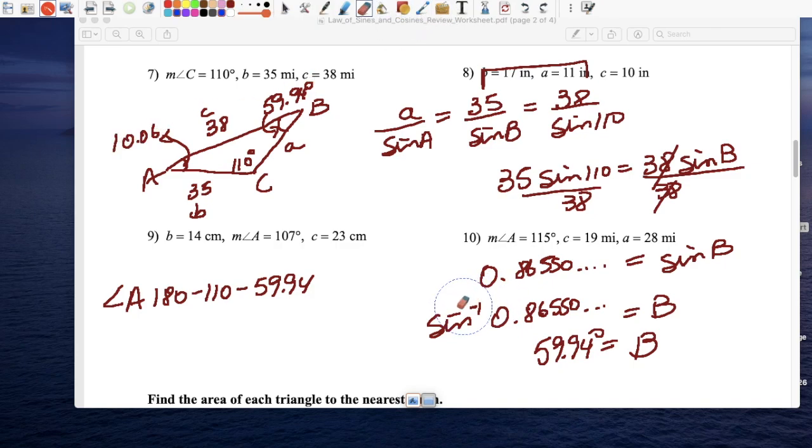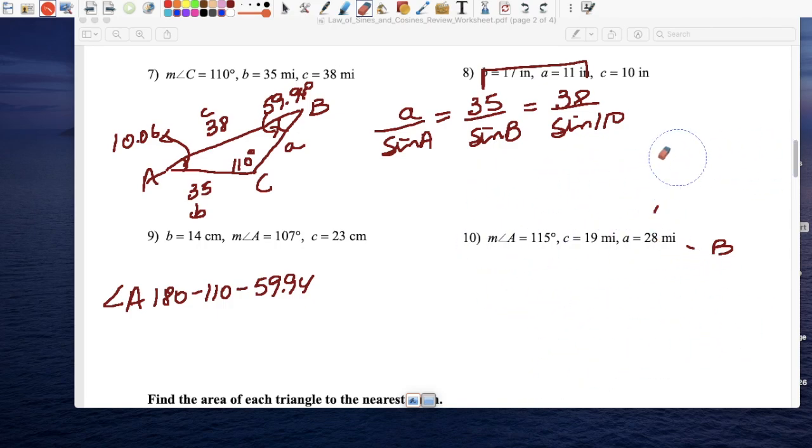Now I go back to my proportion here, and for angle A, I'm not going to write sine of angle A anymore. I'm going to write sine of 10.06. And for B, instead of sine of B, because we just found angle B, I'm going to write sine of 59.94.